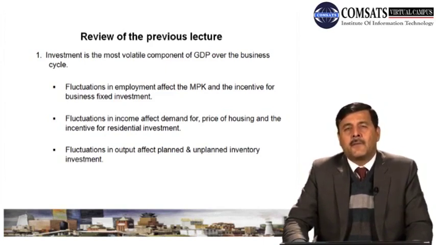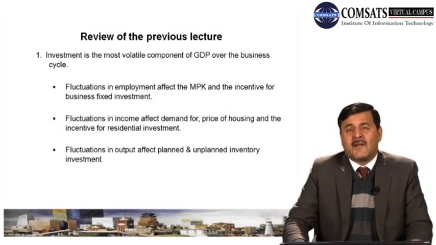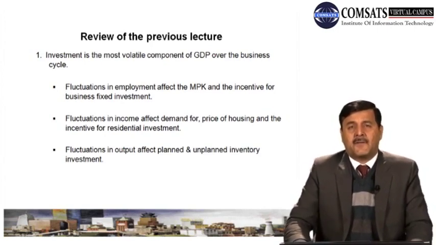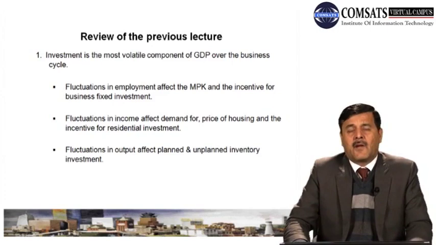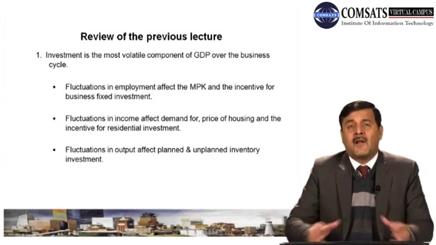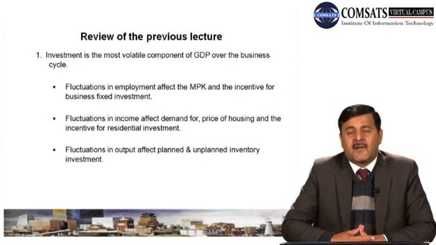Then after that we compared the new classical theory and Tobin's Q theory, and came up with a decision about the investment. According to classical theory, as we discussed in the previous lectures, we compare the marginal productivity of capital, which is the benefit of the capital, and the cost of capital, and we can calculate the profit rate of the firms.